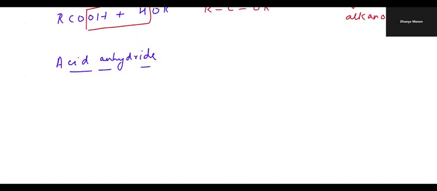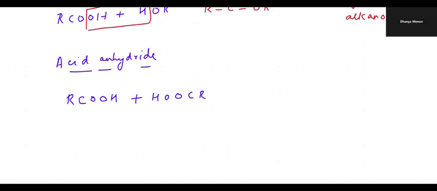You have to know which suffix is used. So I'm using two acids, RCOOH, and I'm writing another acid in the reverse order, HOOCR dash, because I want to show the removal of water.